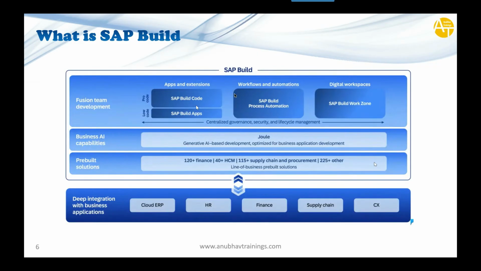The current module talks about this middle module called SAP Build Process Automation, where we have workflow and automation capability, basically to automate business processes in your organization. For example, a new employee joins the company. Now, the HR department does an induction program.